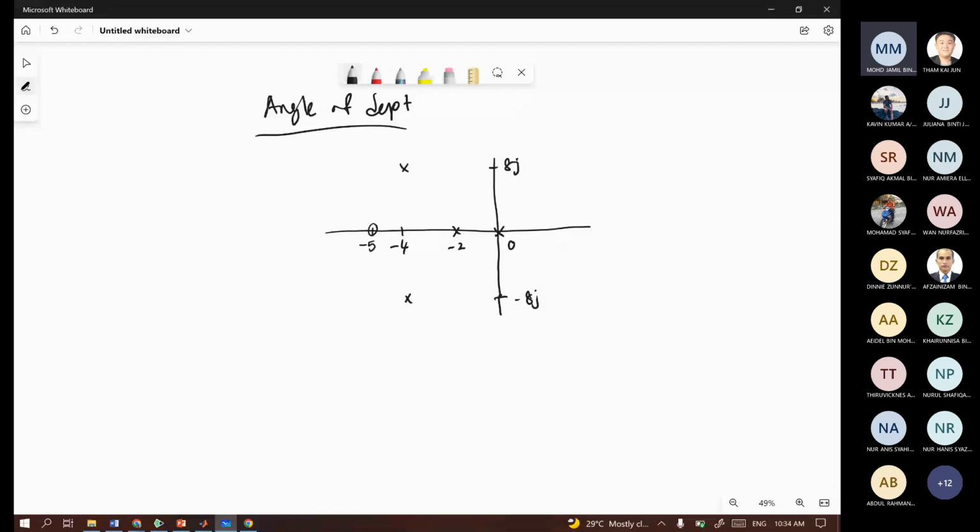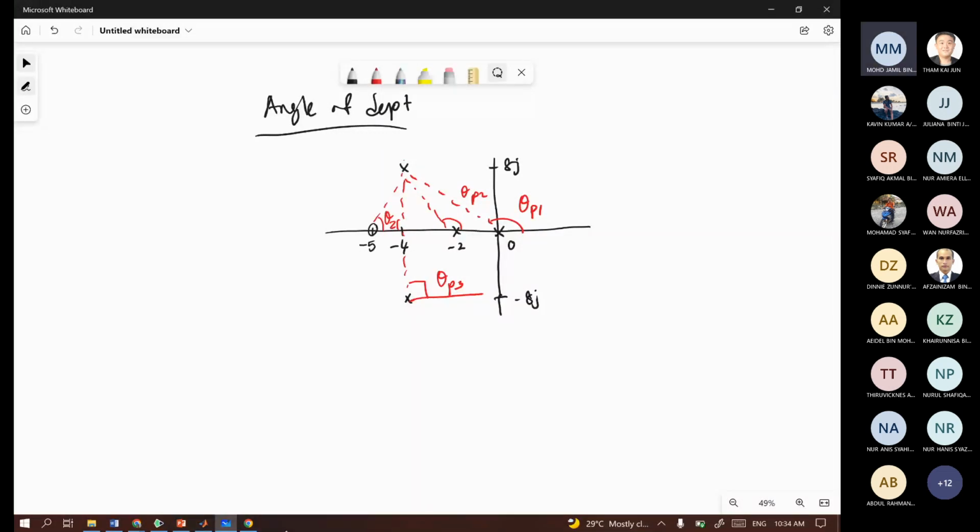And then you determine the angle from all of the poles to this pole here. So first angle is here, let's say theta P1. Then theta P2, theta P3. And then this angle is theta Z1.